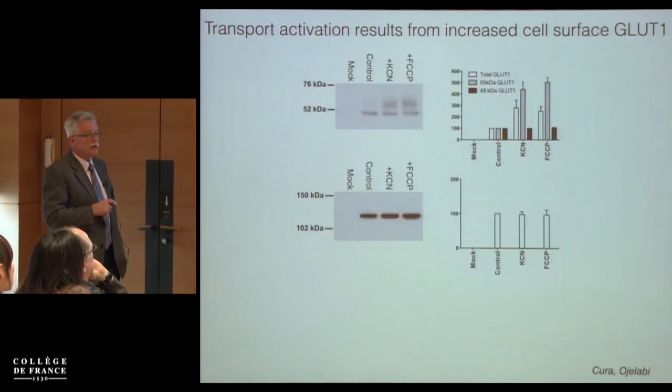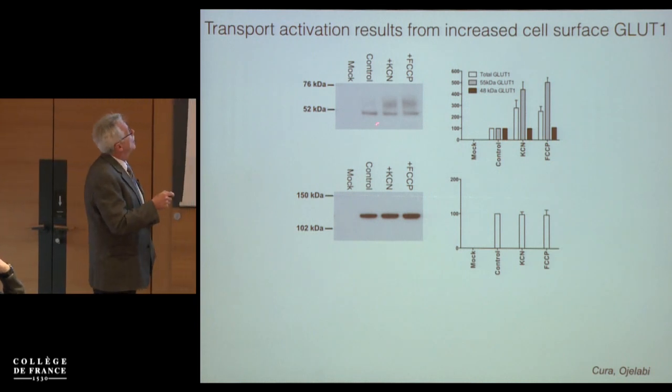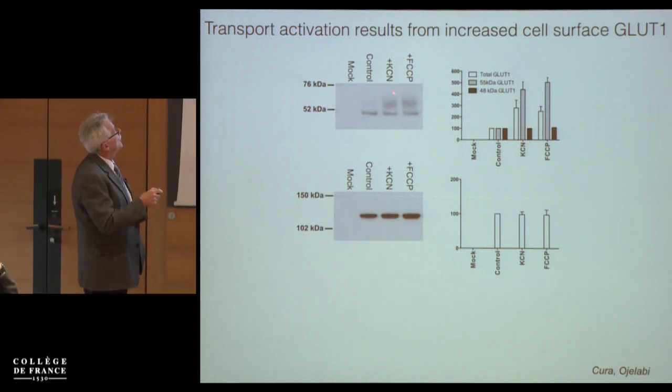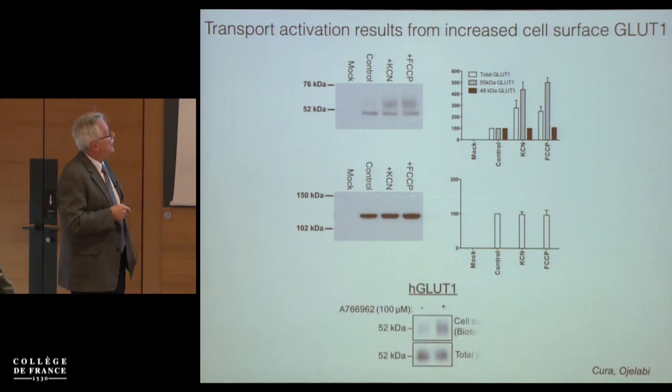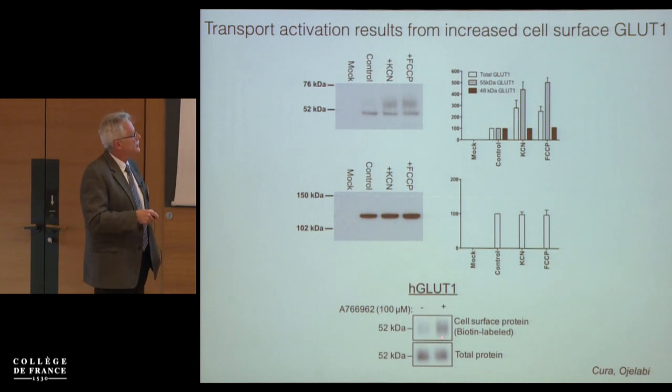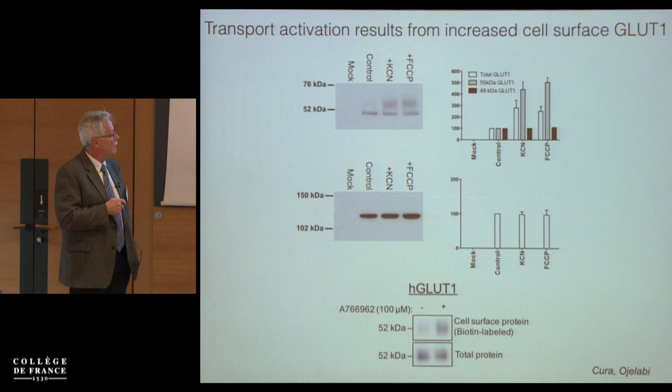When we cell surface label glucose transporters in the cell, we can see that cyanide produces a small but reproducible increase in GLUT1 at the cell surface, whereas the sodium-potassium ATPase levels are unchanged. If we transfect these mouse cells with human GLUT1, to improve our signal to noise, we see a more robust stimulation in cell surface GLUT1 levels.